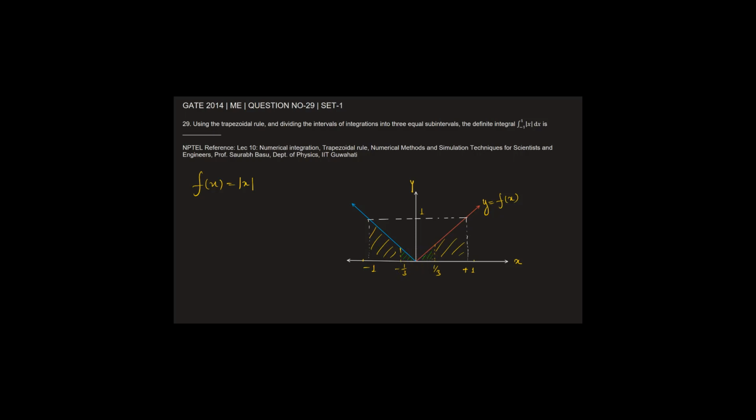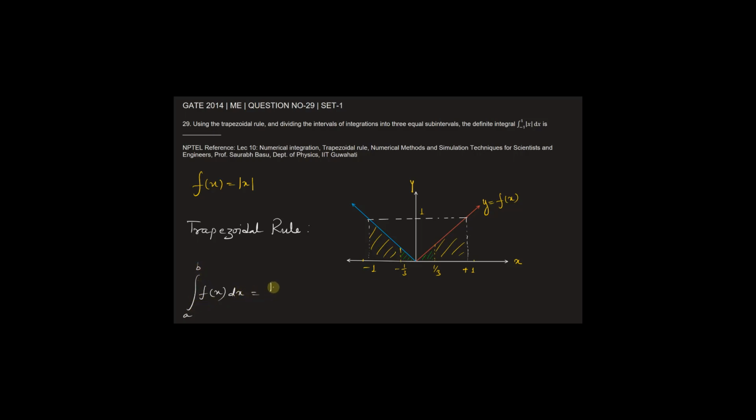Now we need to integrate this using the trapezoidal rule. So let's first write the trapezoidal rule of numerical integration. Suppose there is a function f of x and we need to integrate it with respect to x from a to b.